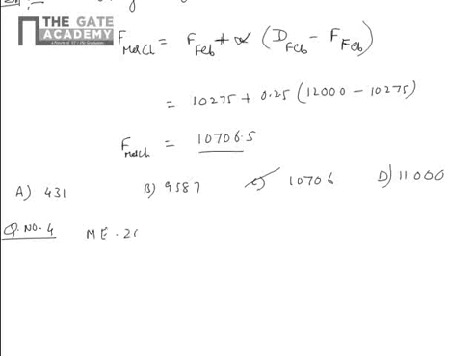GATE 2008, 2 marks question. A moving average system is used for forecasting weekly demand. F1T and F2T are the sequences of forecast with parameters M1 and M2 respectively, where M1 and M2 denote the number of weeks over which the moving averages are taken.